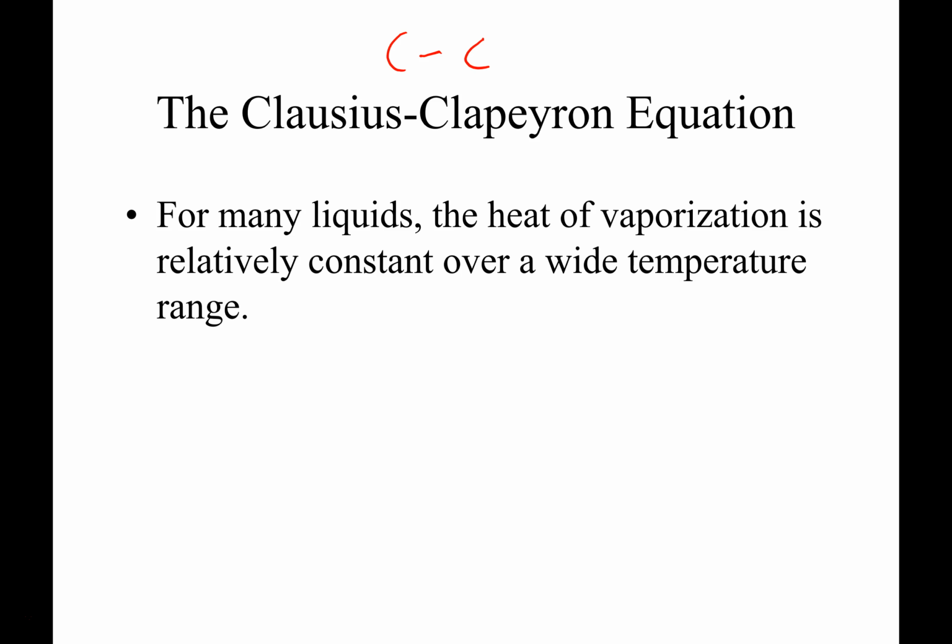Will the equilibrium vapor pressure of a substance be higher or lower if you have a high heat of vaporization? Yes, low equilibrium vapor pressure. I'll put EVP for equilibrium vapor pressure. That's a mouthful. So the Clausius-Clapeyron equation and plot make use of this idea that with increasing heat of vaporization, we have lower equilibrium vapor pressures.